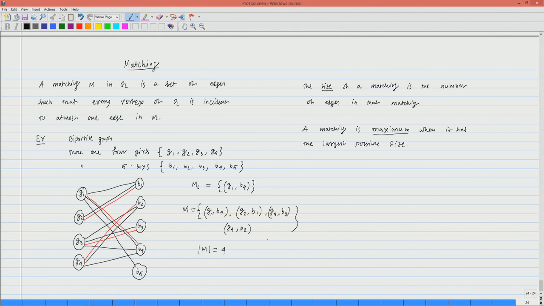Okay. So, the optimization problem here is to find a maximum matching, because finding a minimum matching is a trivial problem. And a perfect matching in a graph is a matching that matches every vertex.